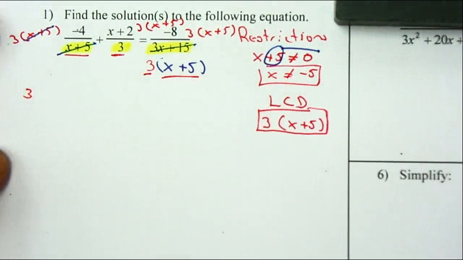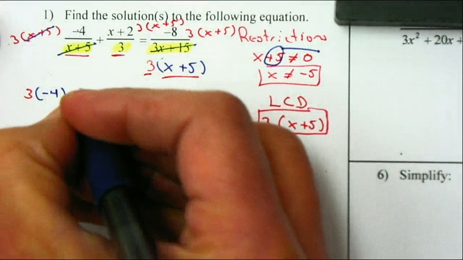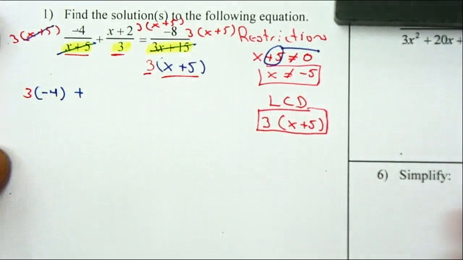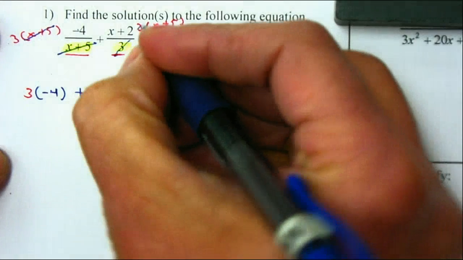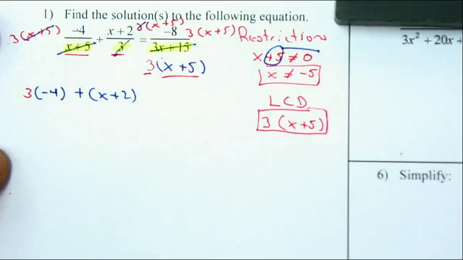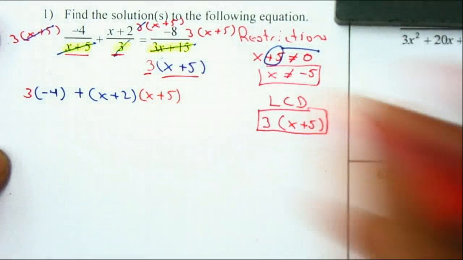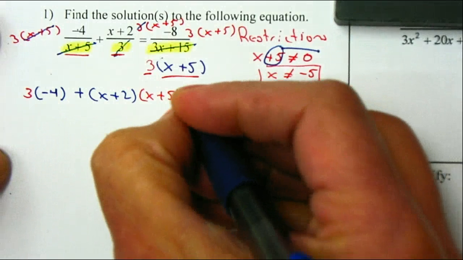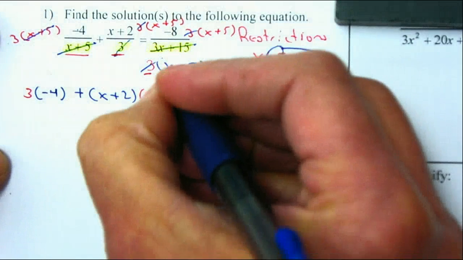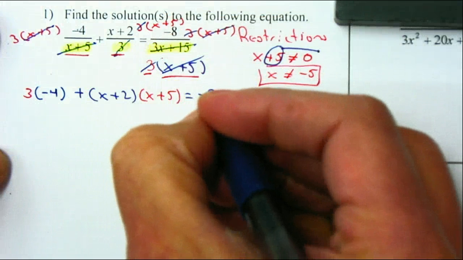I still have the 3 multiplied by the negative 4 plus. On the next fraction, what cancels? The 3's cancel, so I have x plus 2 multiplied by x plus 5. And on the last fraction, the 3's cancel and the x plus 5 cancels. So therefore, I just have a negative 8.